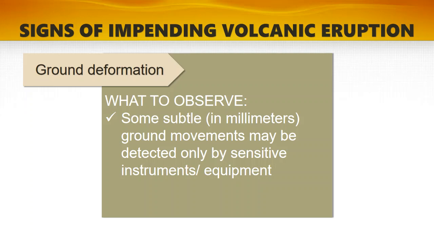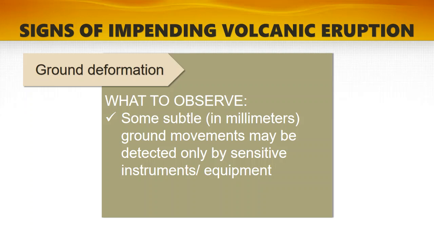Another method: swelling of the ground surface can be detected by using precision instruments and techniques that measure minute changes in slope, distance, or elevation at the ground surface. Deformation of the ground is also measured using data of repeated measurements from permanent global positioning systems, or GPS, installed around the volcano.